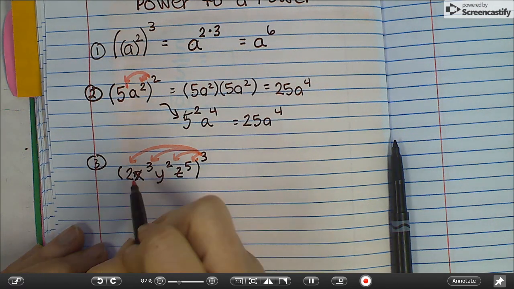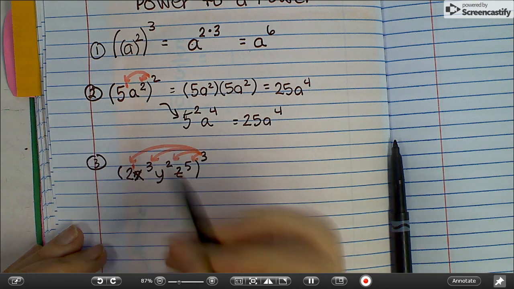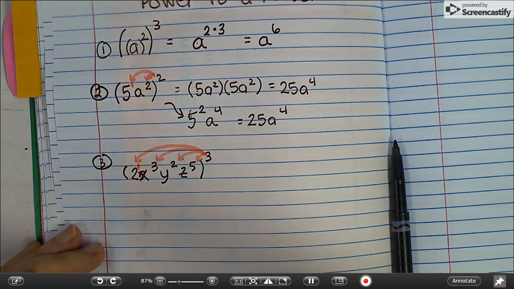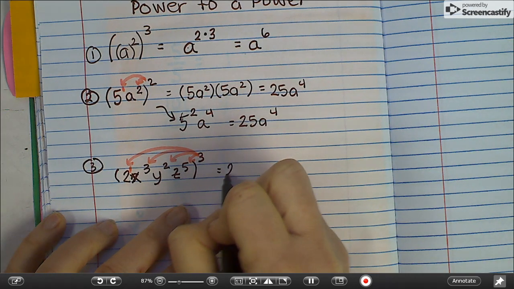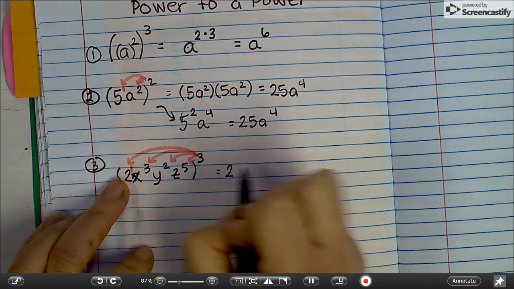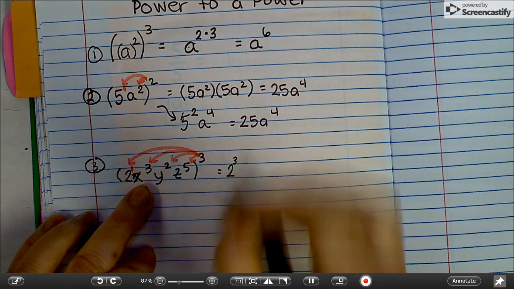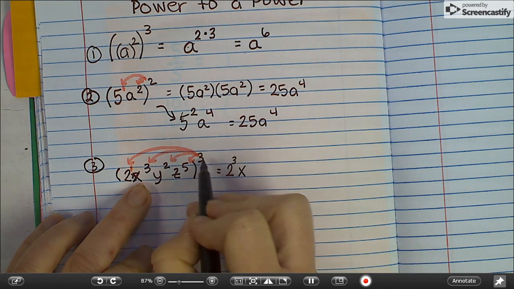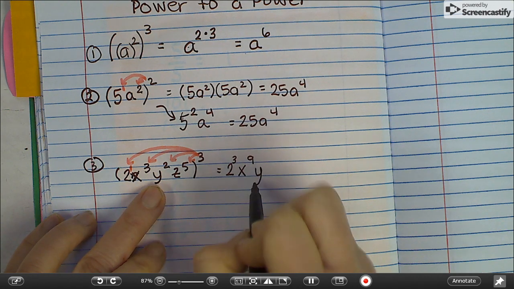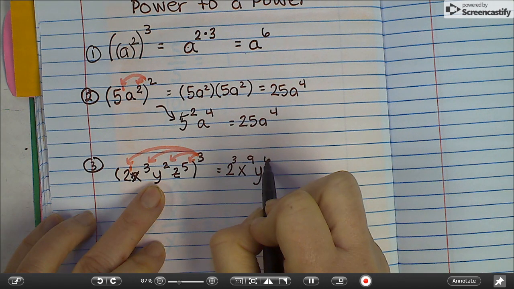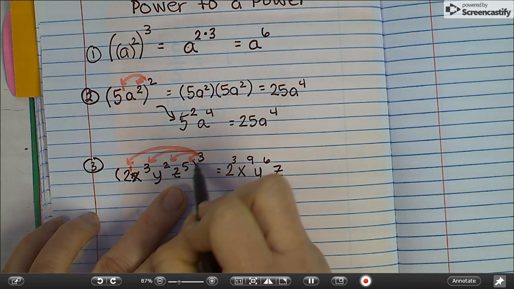Again, remembering that the number in front has an imaginary 1 exponent. So it really means 2 to the 1, all to the 3rd power. X, 3 times 3 is 9. Y, 3 times 2 is 6. And Z, 3 times 5 is 15.